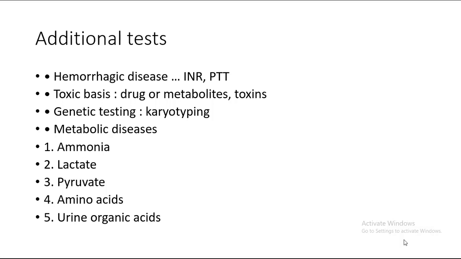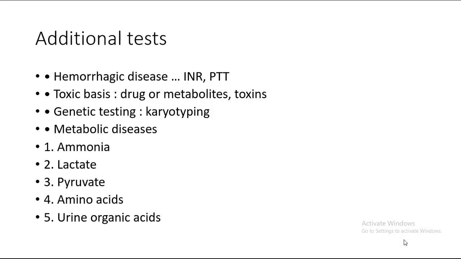If we suspect CNS infection we perform lumbar puncture if not contraindicated. If there is hemorrhagic disease we do PTT and examine the bleeding profile. If we suspect a toxic problem, then we have to assess or analyze the drugs, metabolites, and toxins level in blood.